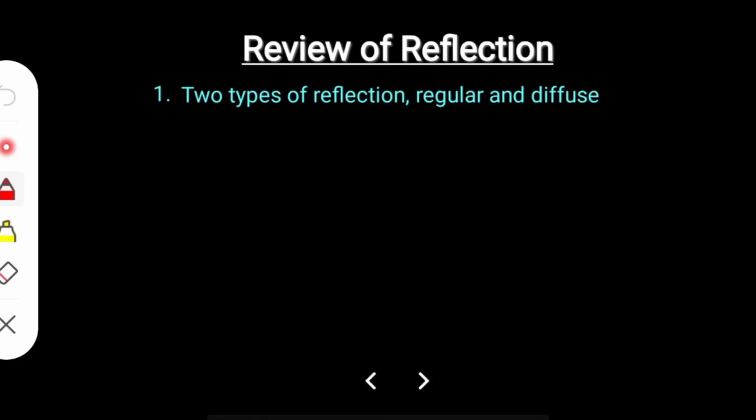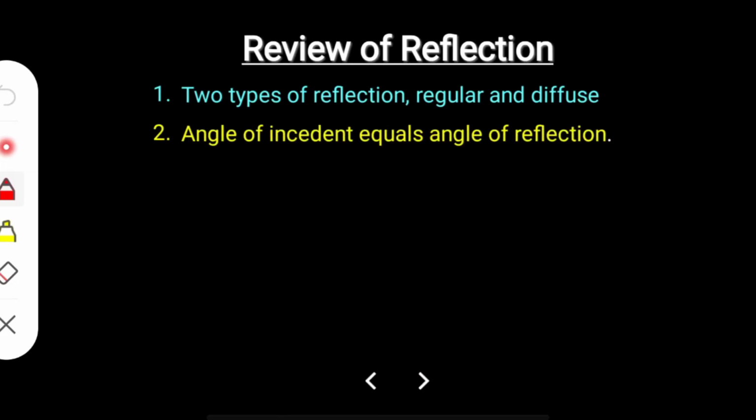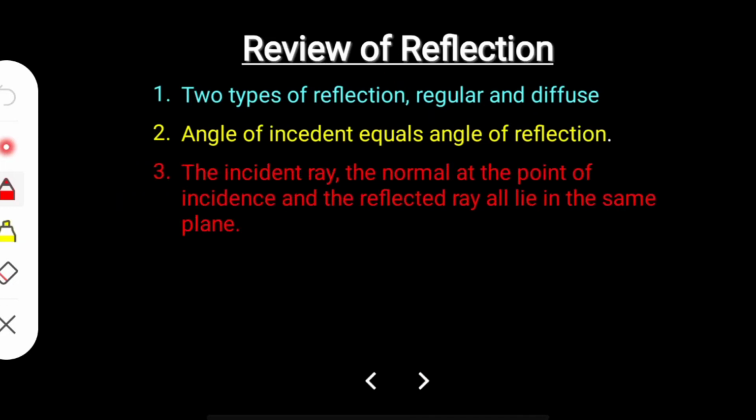Now, what we have learned in reflection, let's have a review. Two types of reflection are there: regular and diffuse. Angle of incidence equals angle of reflection. The incident ray, the normal at the point of incidence, and the reflected ray all lie in the same plane.